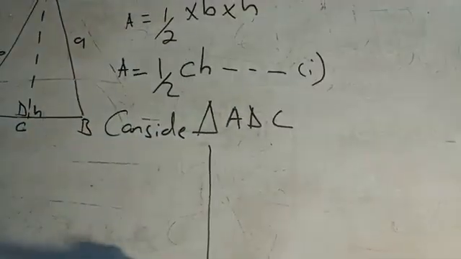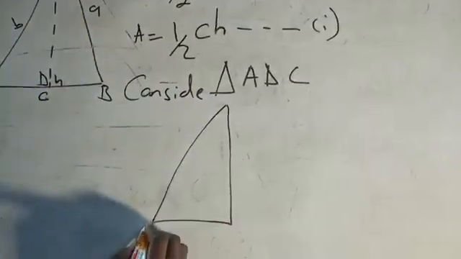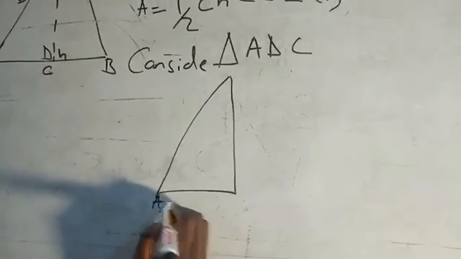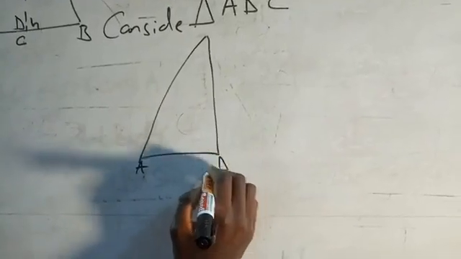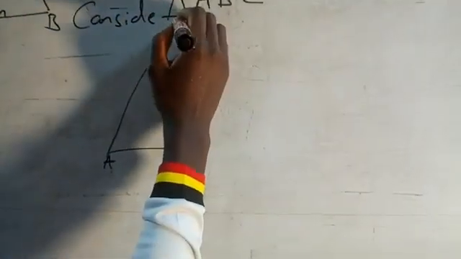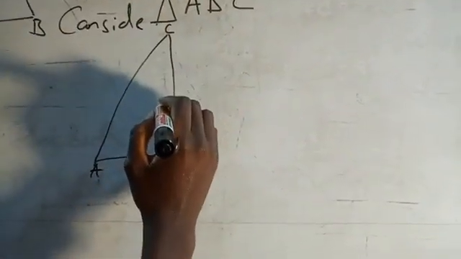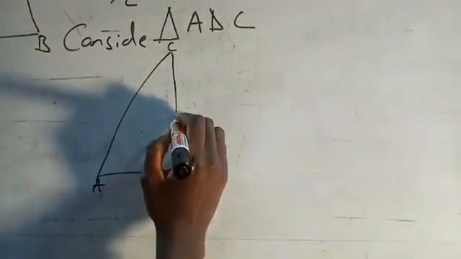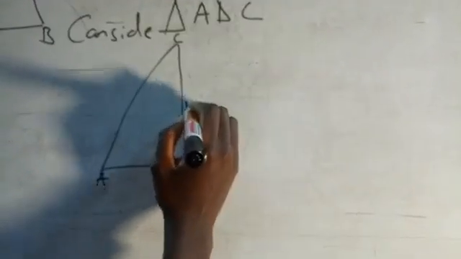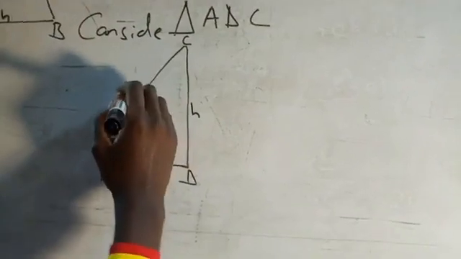It's here like this. This is A, D, and C, this one is h, and this one is B.